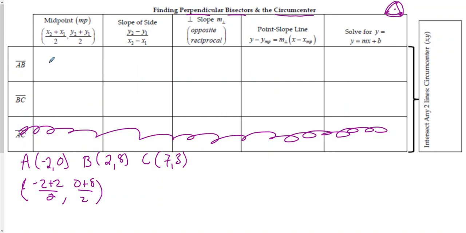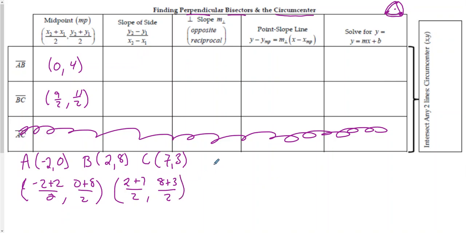So the midpoint is 0, 4. And if we look at BC, we get 2 plus 7 over 2, and 8 plus 3 over 2. So BC gives me 9 halves and 11 halves.